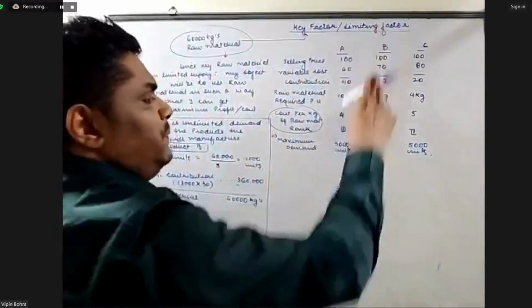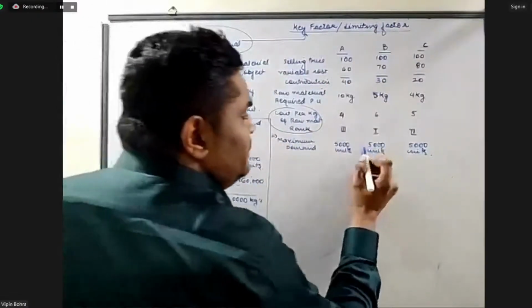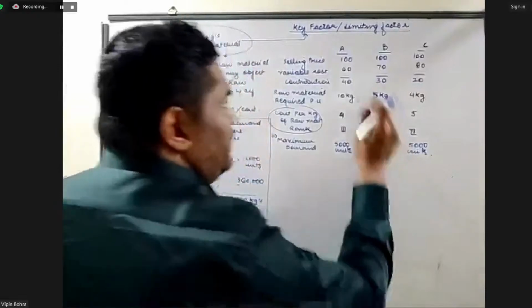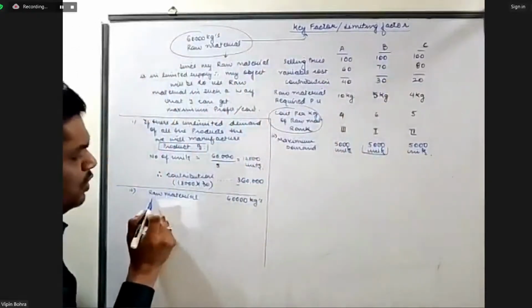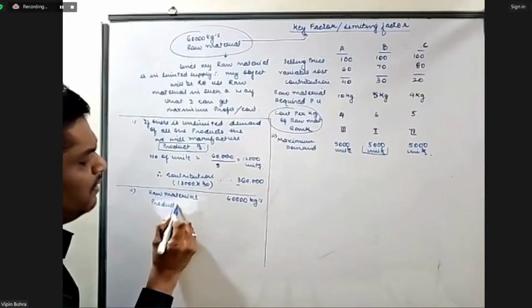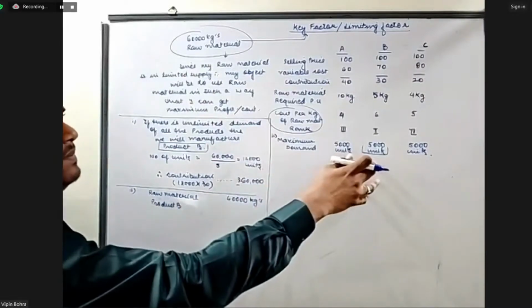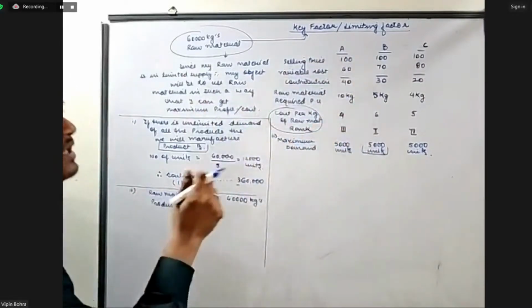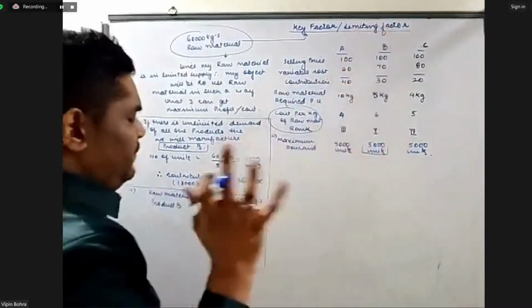To manufacture product B. So what we will do is we will first fulfill the demand of product B, because we are getting the maximum benefit out of product B only.